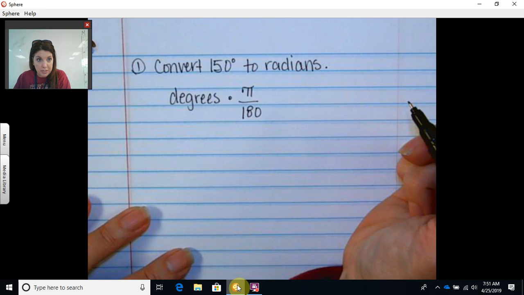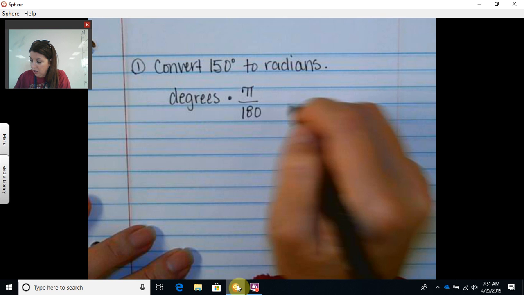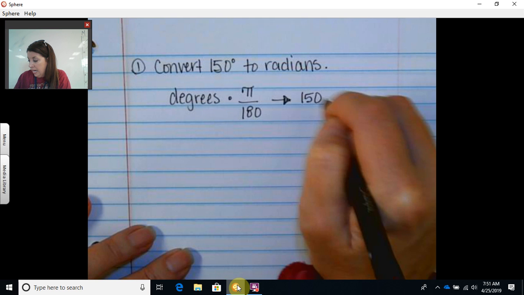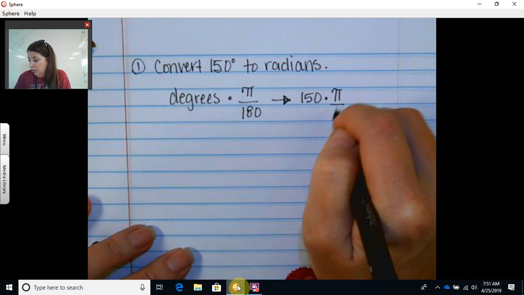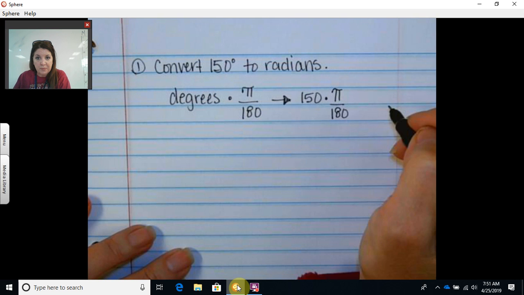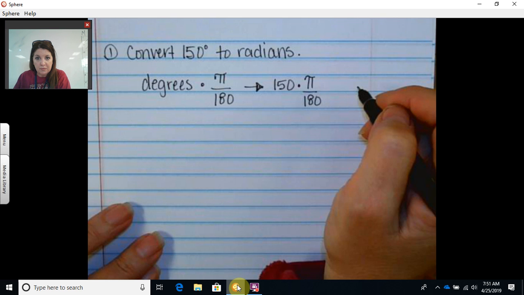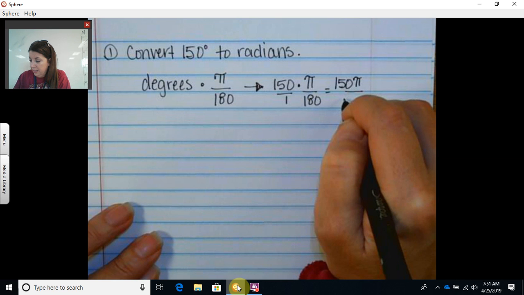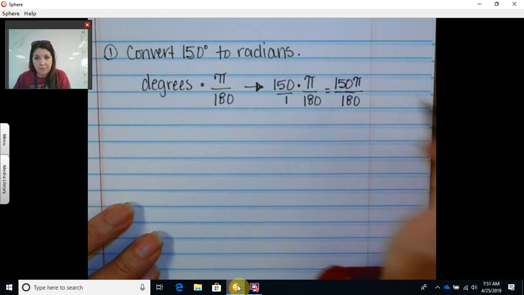Then you want to reduce, if you can reduce. So my degrees are 150 times pi over 180. So, you know when you multiply fractions, in this case you have a whole number, but we can make it a fraction. Numerator times numerator, denominator times denominator.